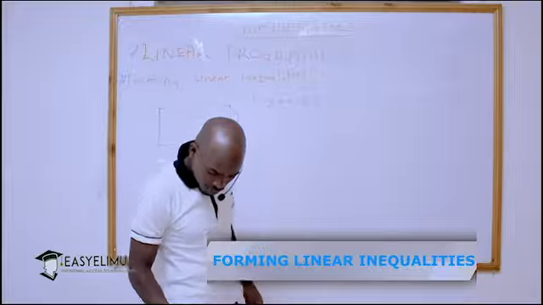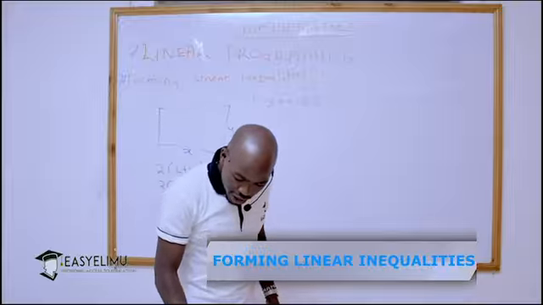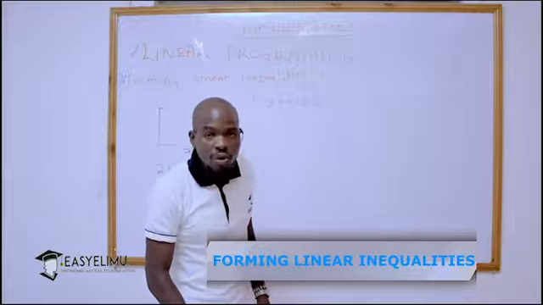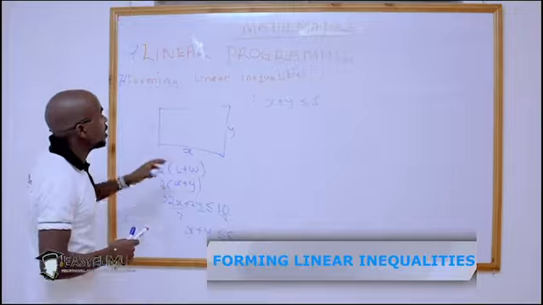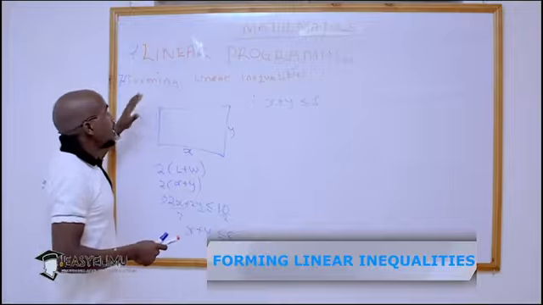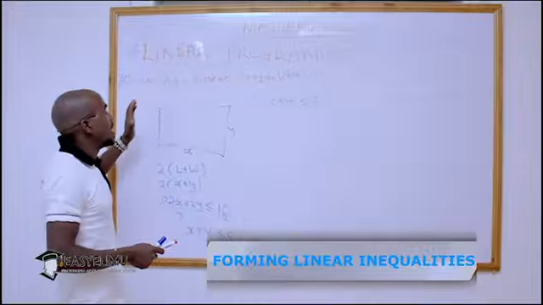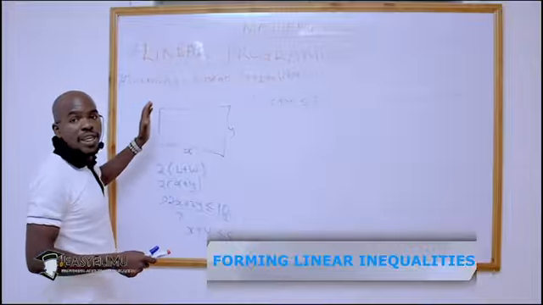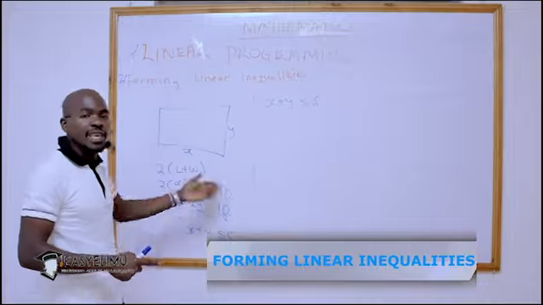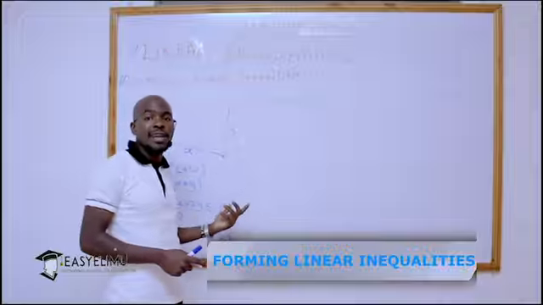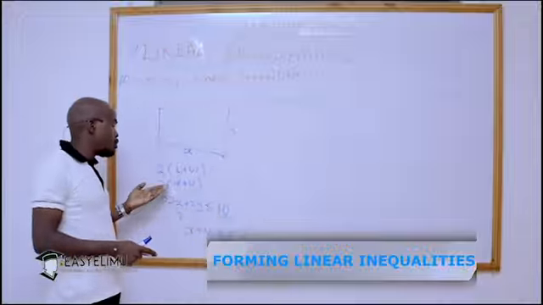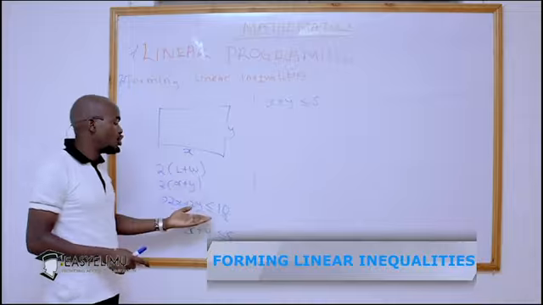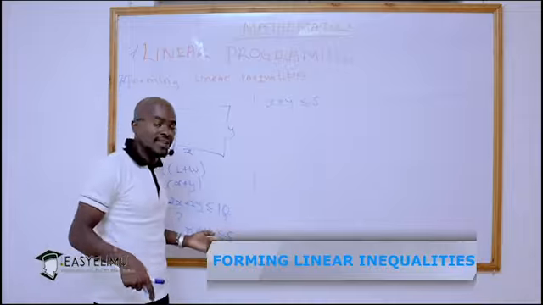Now let's see the question. Find all the inequalities connecting x and y. We have been told that the perimeter of a given rectangle is not more than 10, meaning it is either 10 or less than 10. That's why we are saying that if we take 2 into x plus y, we should get 10 or less.